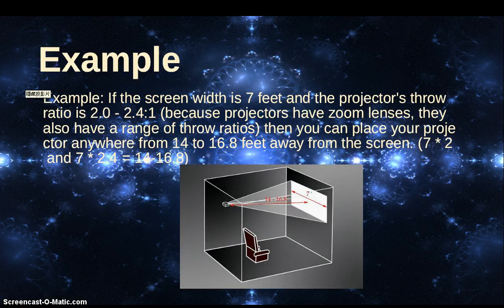Because projectors have zoom lenses, they also have a range of throw ratios, so you can place your projector anywhere from 14 to 16.8 feet away from the screen. So 7 times 2 and 7 times 2.4 equals 14 to 16.8.